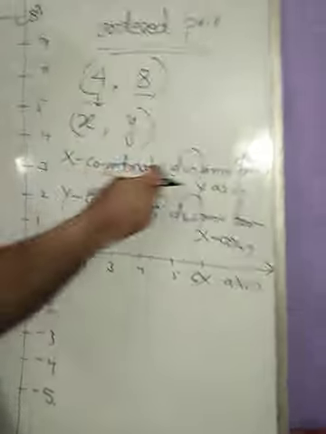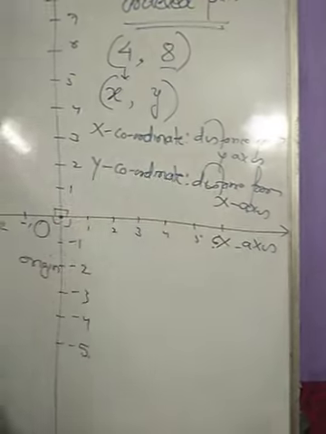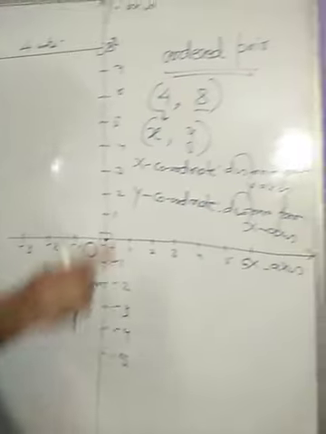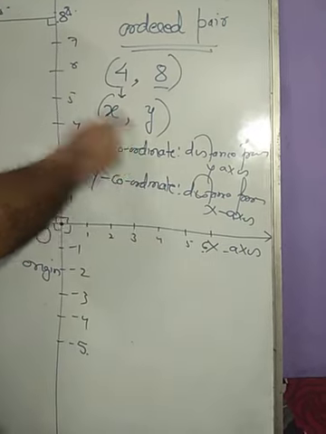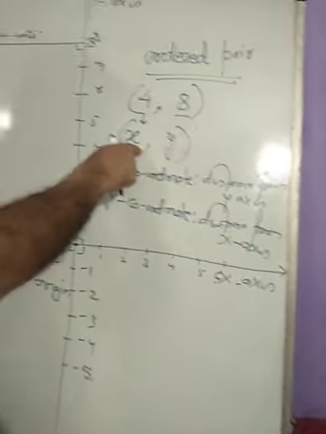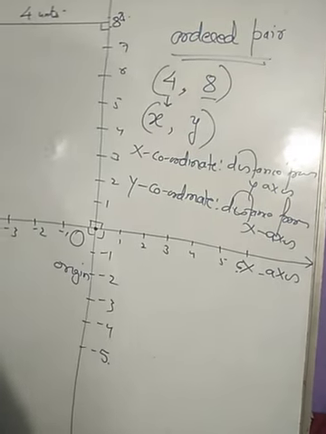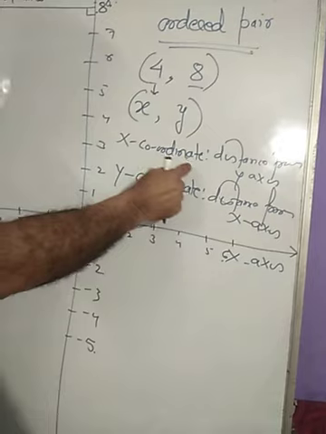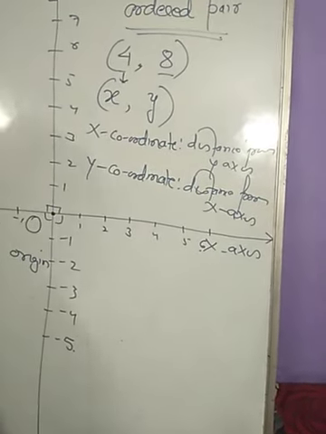What is the ordered pair? We will write the x coordinate first and the y coordinate second, in a small bracket, and we separate these two numbers by a comma. Right? X coordinate means distance from the y-axis and y coordinate means distance from the x-axis.